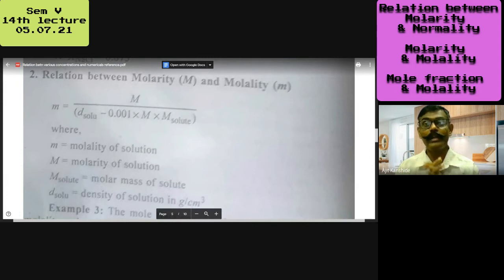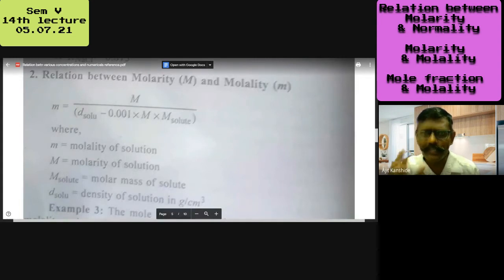We are converting the gram per dm cube into gram per cm cube, which is needed because density we are expressing in terms of gram per cm cube. So for that conversion only, we use that number, and that number is 0.001. Students, are you following what I'm saying?